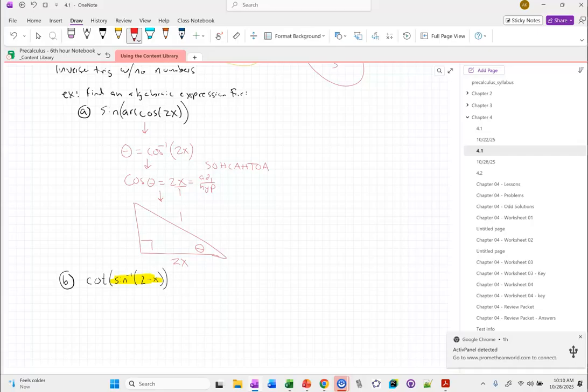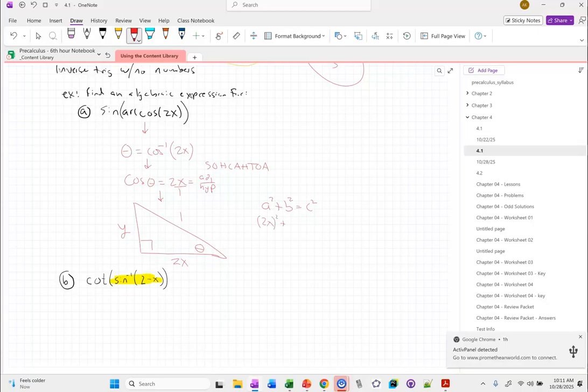Now what I'm going to do is find that third side in terms of x's. Because we have a right triangle, I can use the Pythagorean theorem.